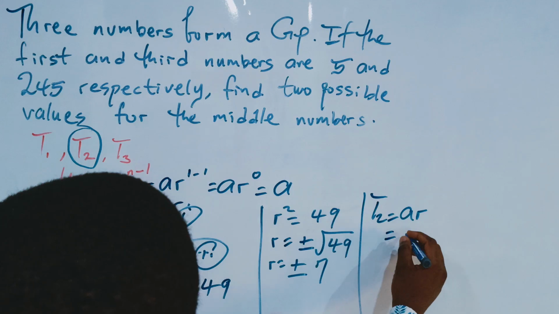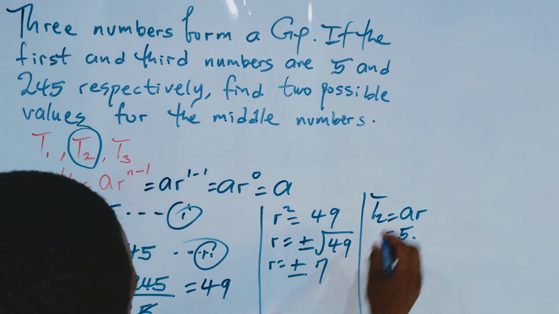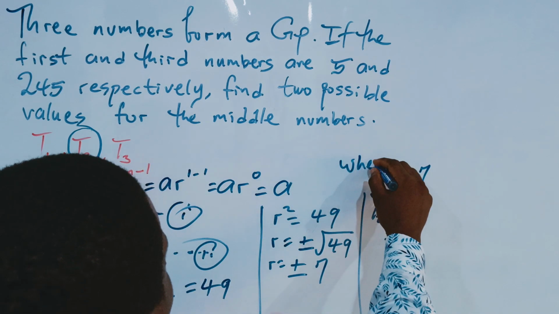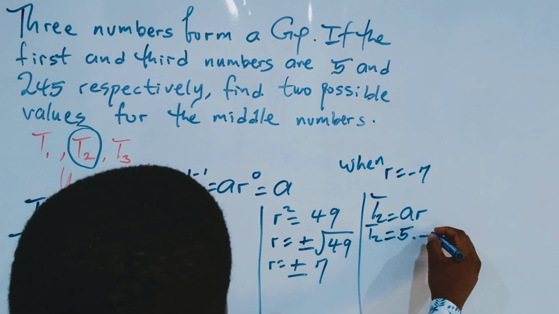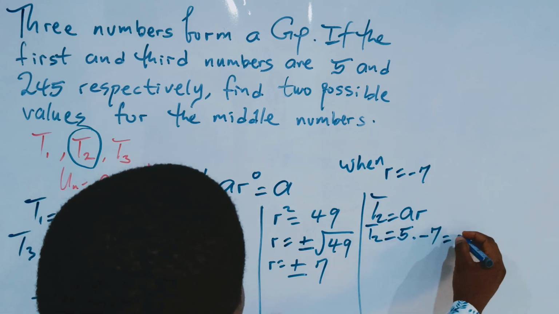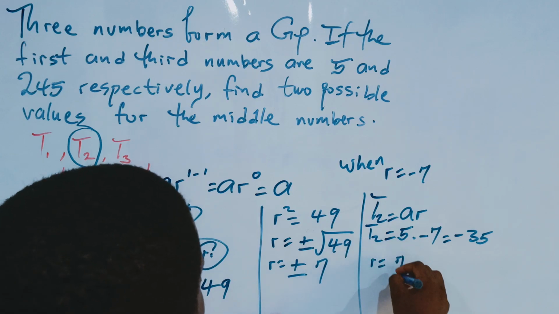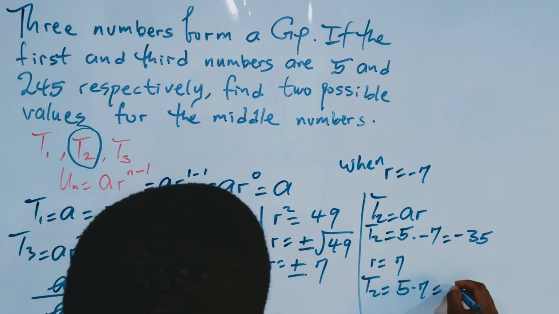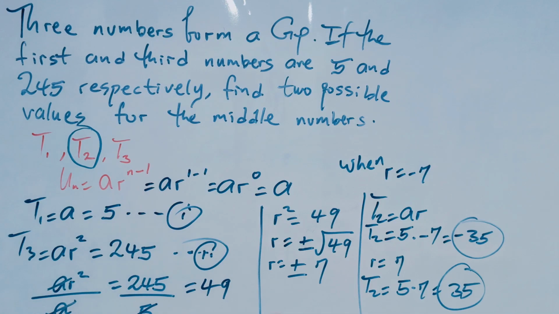So the first term here is 5, multiplying, when r is minus 7, T2, the second term, is 5 multiplying minus 7 to give minus 35. Then when r equals 7, the second term will be 5 multiplying 7 to give 35. So the two possible values are negative 35 and positive 35.